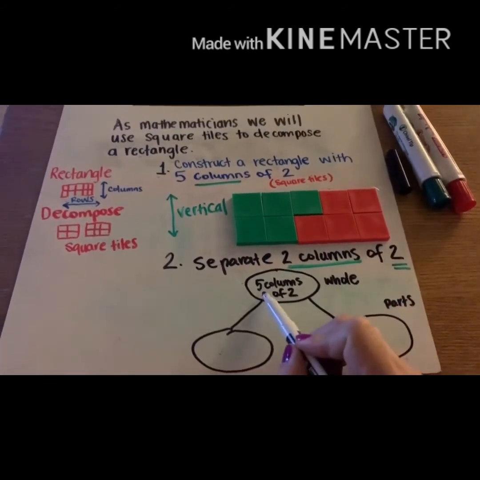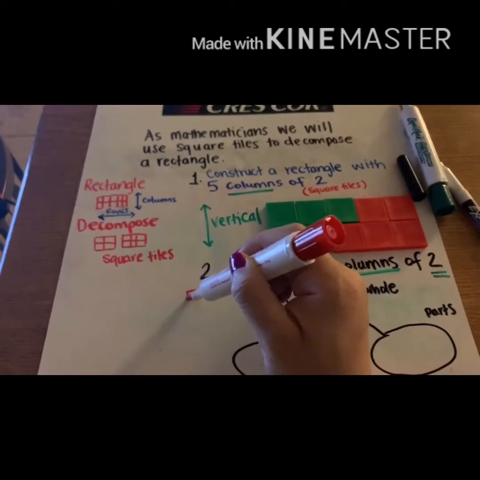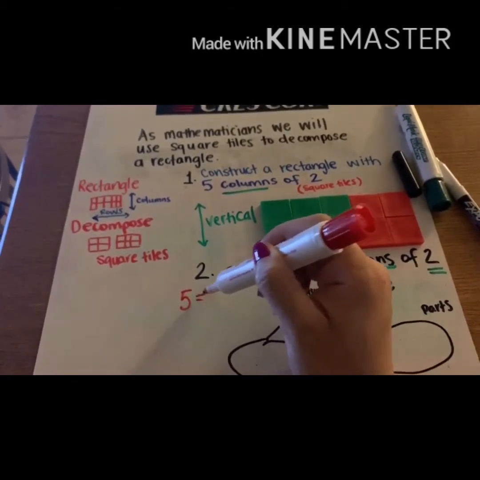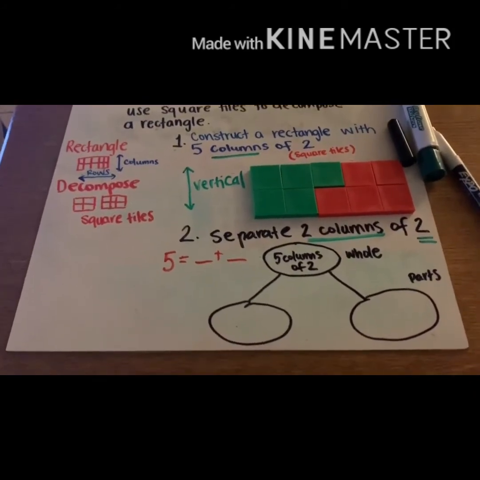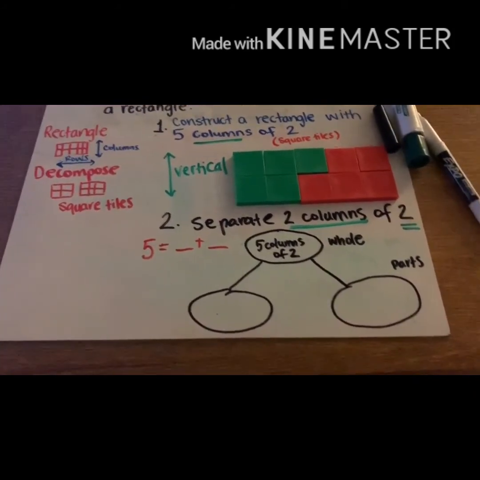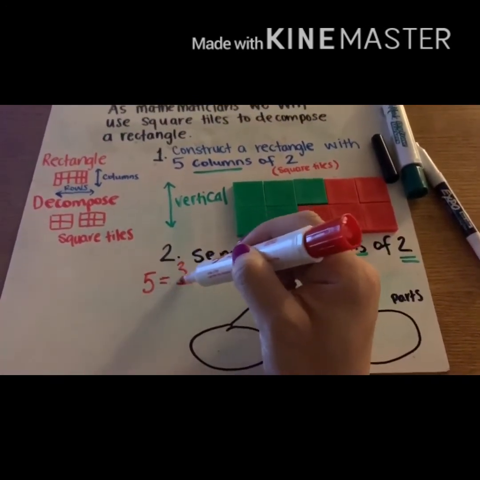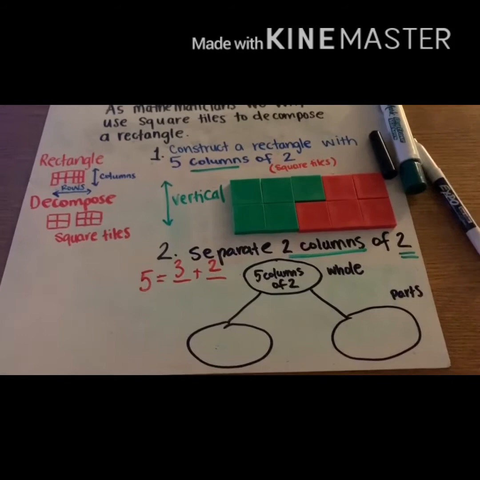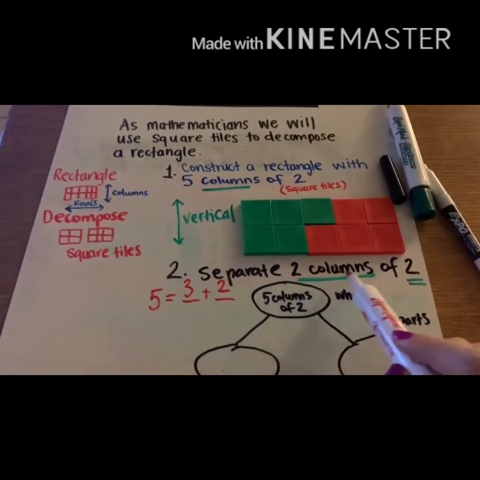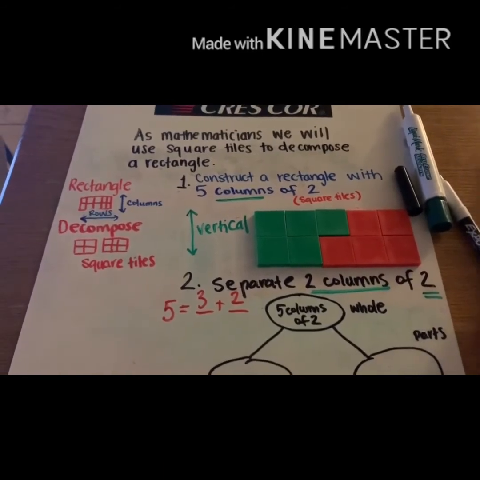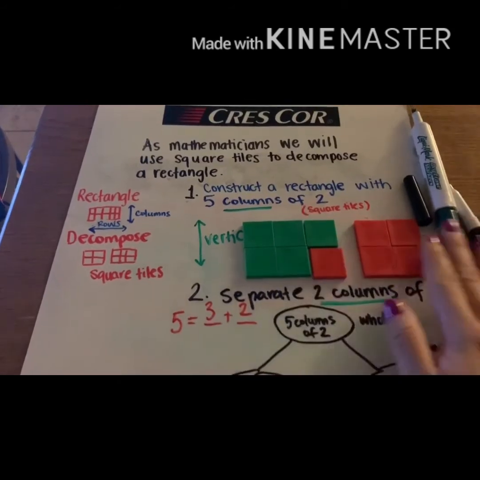Now we have the number 5. How can you break up the number 5 into 2 numbers, but when added together, it gives you 5? Yeah, we can do 3 and 2. So let's separate our 5 columns into 2 big columns of 3 and 2.